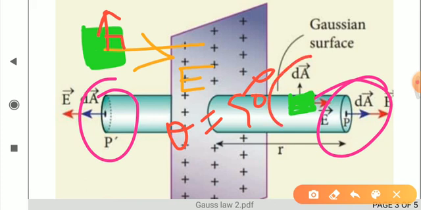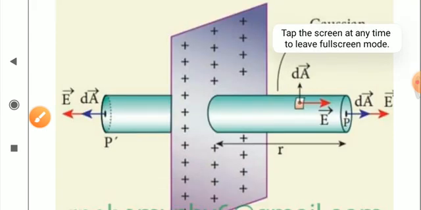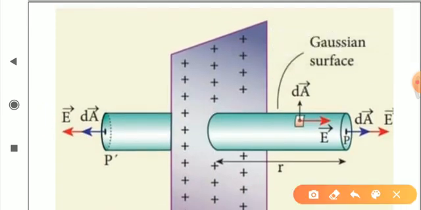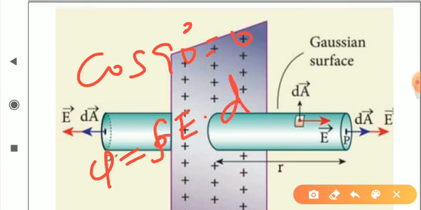So at this third surface, the curved part of this surface, if theta value is equal to 90, what is the value of cos 90? Cos 90 is equal to 0. So what will be the flux? Flux is given by integral E dot dS cos 90, which is equal to 0.